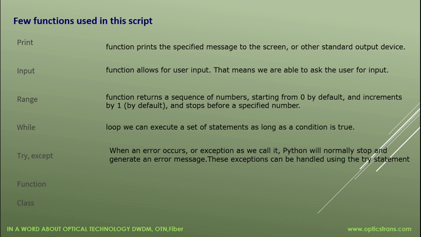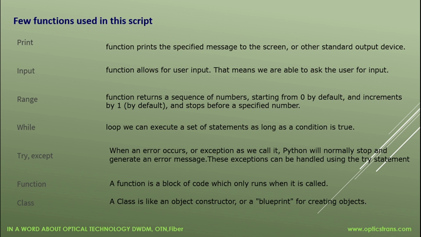Try and except for error handling, so if I get any error in my script, I handle it using try and except. And lastly, I used a function, which is a block of code that only runs when it is called, and a class, which is like an object constructor or a blueprint for creating objects. For more details about these functions, you can search on Google or YouTube. You will find more details and more functions as well.